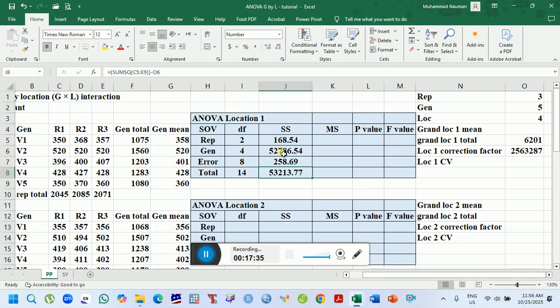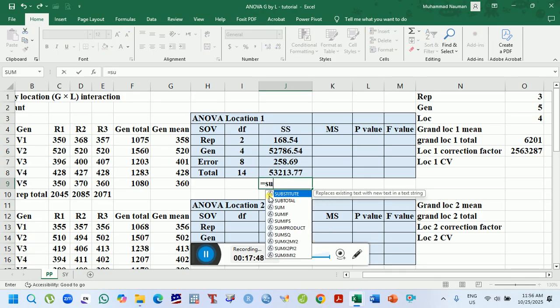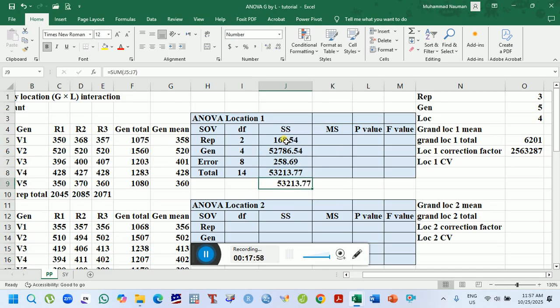Press enter, and now cross check it by adding the replication, genotype, and error sum of squares is equal to SUM. Double click on SUM, make the selections, replication, genotype, and error. The calculation was correct.